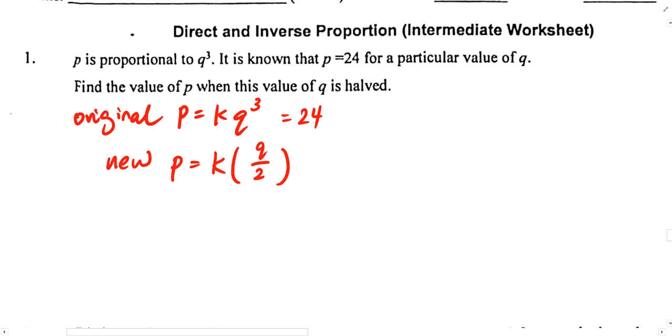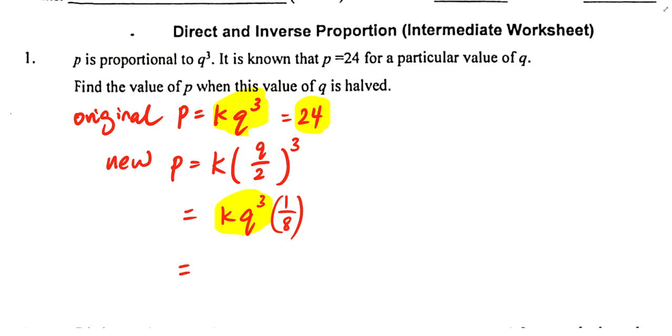Is it only the Q that is power 3, or is it the entire Q over 2 that is power 3? The entire one. So here we have K, Q over 2, cubed, which is 1 over 8. So you see that this KQ cubed was found here and it's equal to 24.